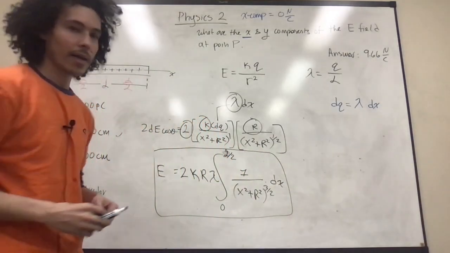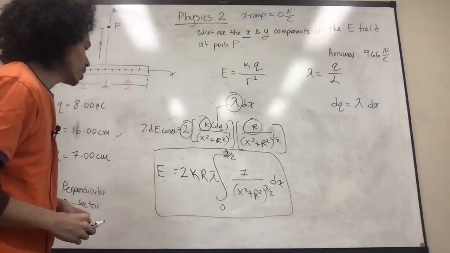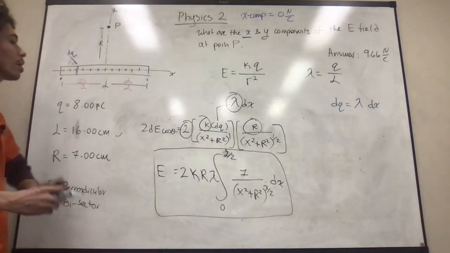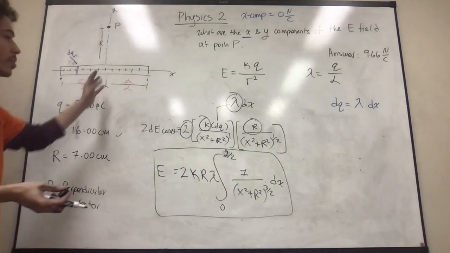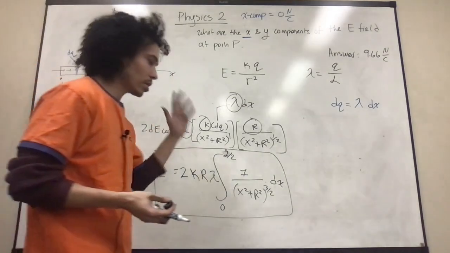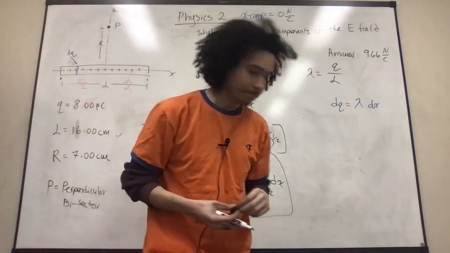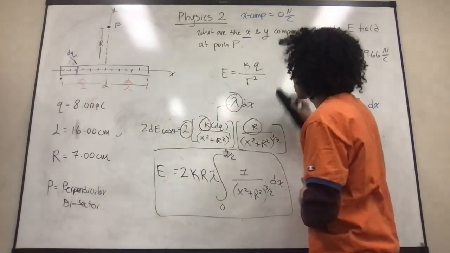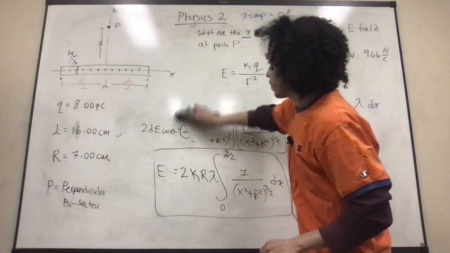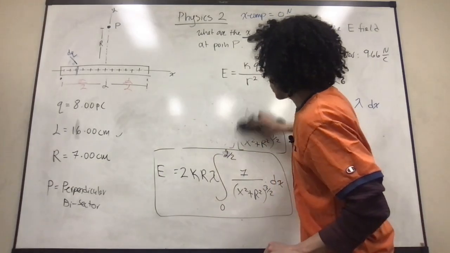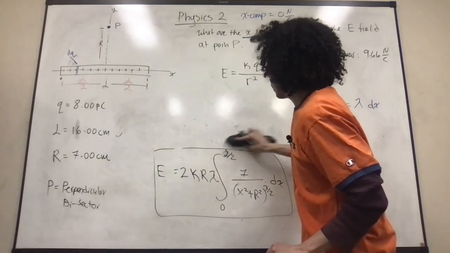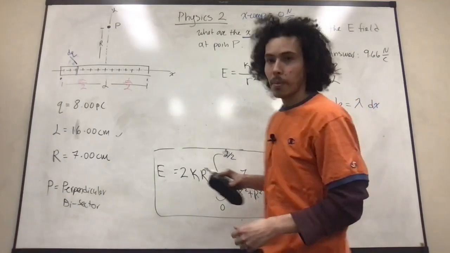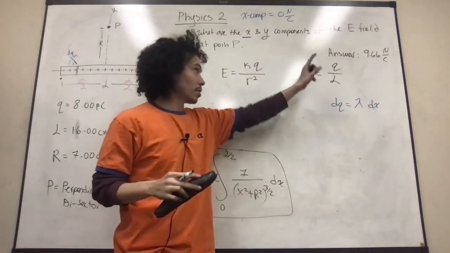We have derived the equation that will model this type of scenario. And if your calculator can do calculus, then you can just simply plug this in and get that answer.